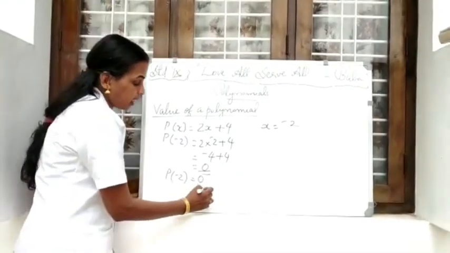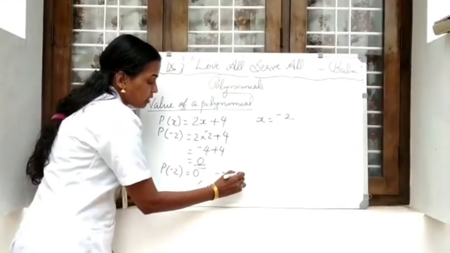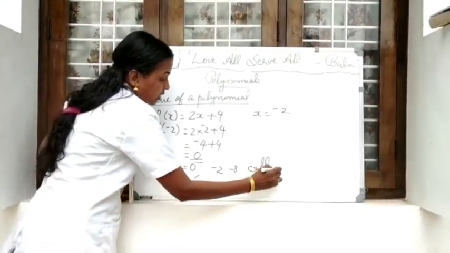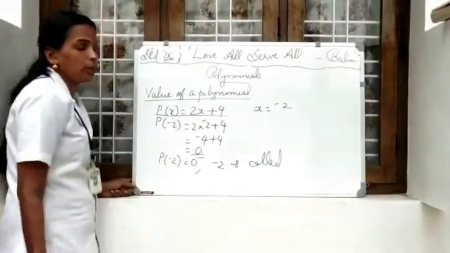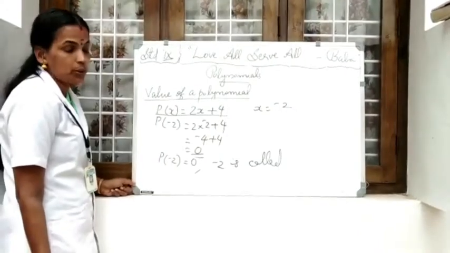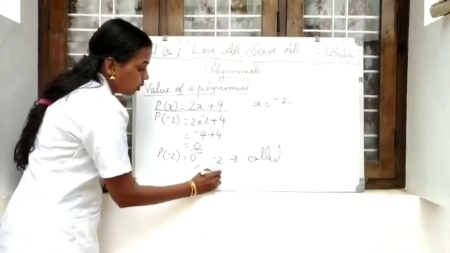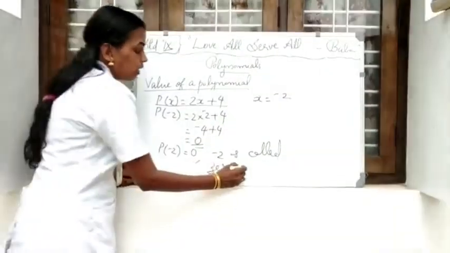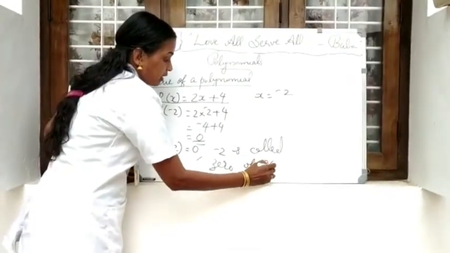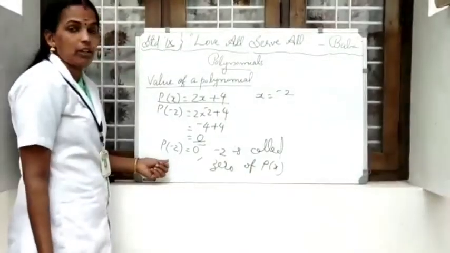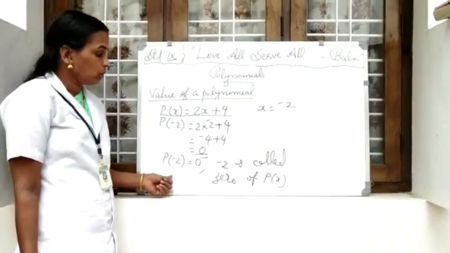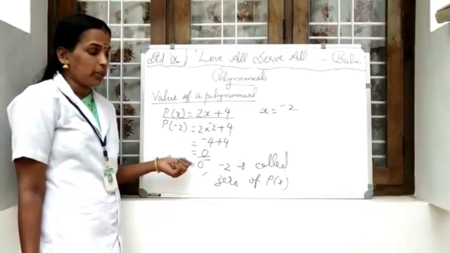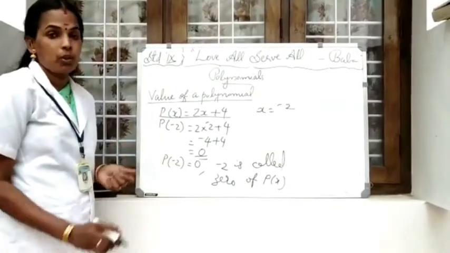Then this negative 2 is called a 0 of this polynomial p of x. Since we got p of negative 2 as 0, we can call negative 2 as the 0 of p of x.